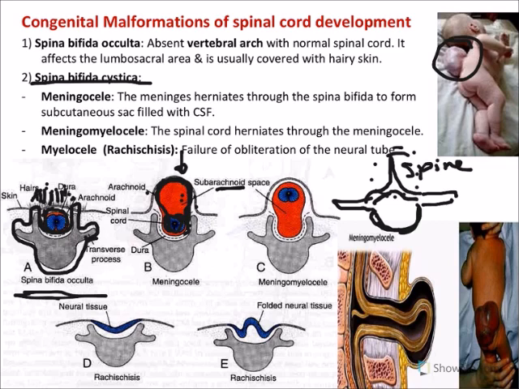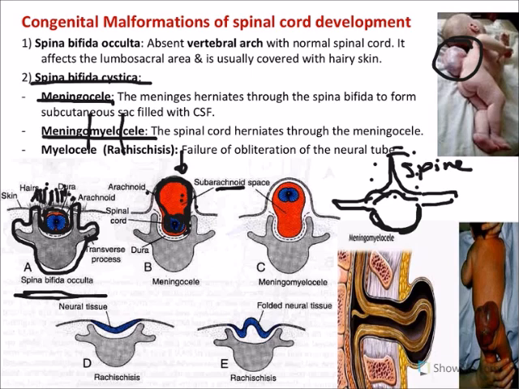The spinal cord is protected inside the proximal part of the vertebral arch, and there is no protrusion of the spinal cord itself into the sac. This phenomenon is called meningocele. We have another more dangerous abnormality, which is called meningomyelocele. Meningo means meninges, myelo means spinal cord, and cele is the sac which contains the cerebrospinal fluid.